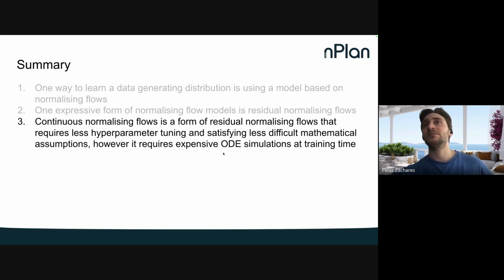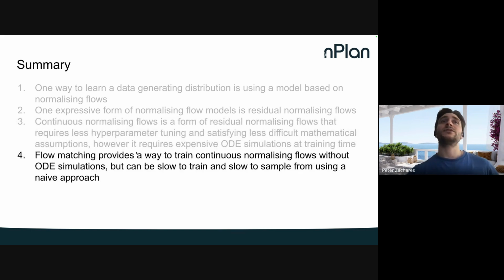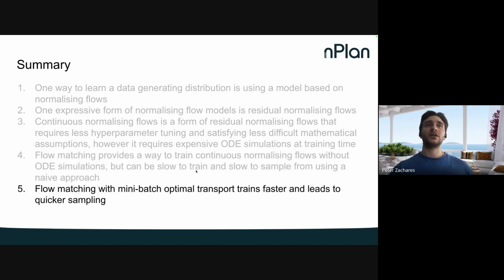However, they require expensive ODE simulations at training time. So we use flow matching because it provides a way to train continuous normalizing flows without ODE simulations, but can be slow to train and slow to sample from using a naive approach. So we use flow matching with mini batch optimal transport because it trains faster and leads to quicker sampling. That's the tutorial in six sentences.